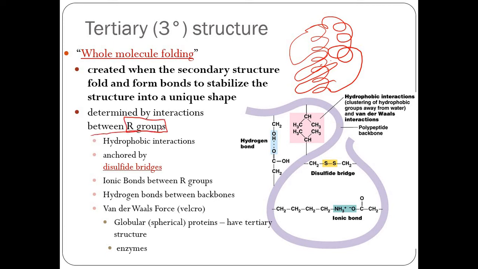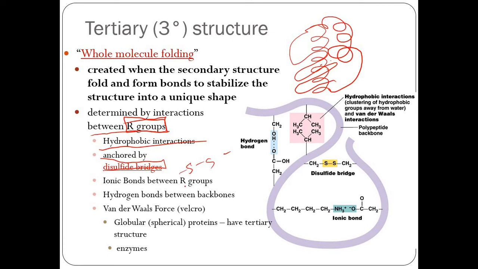So as you see, it includes R groups. It's not just the backbone, not just the carbonyl and the amino group hydrogen bonded to each other, but it includes the R groups. So it includes the hydrophobic interactions, which I showed earlier from the previous slide, and also the disulfide bridges. Disulfide bridges occur on the amino acids that contain sulfurs. Okay, so that's disulfide bridges.